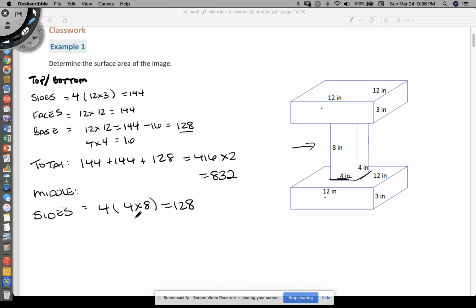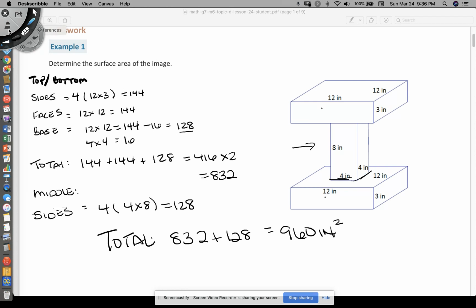So that's it. Now we just add these 2 together. The grand total, however you want to think of it, is going to be 832 plus 128 for 960. Now let's put our units, inches squared. All right, that's that one.